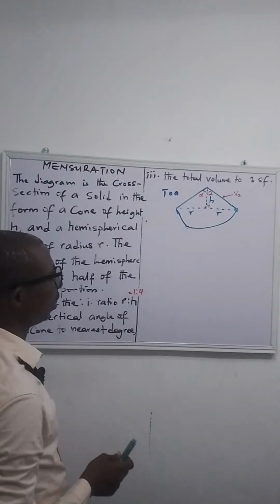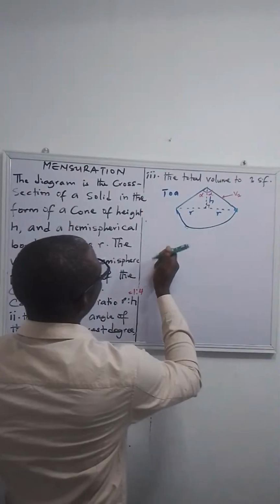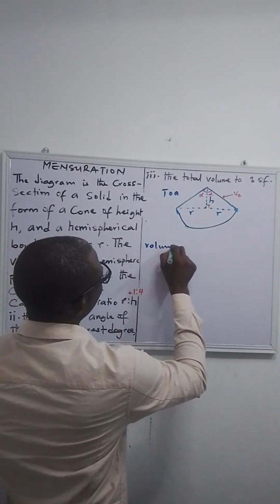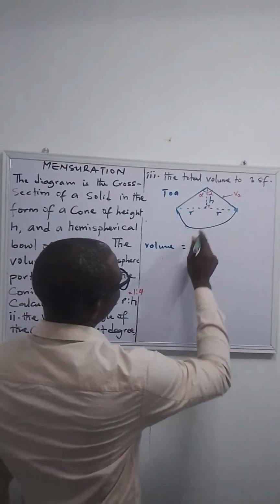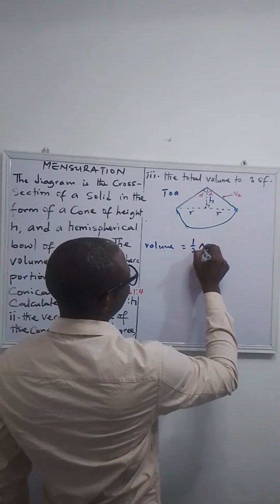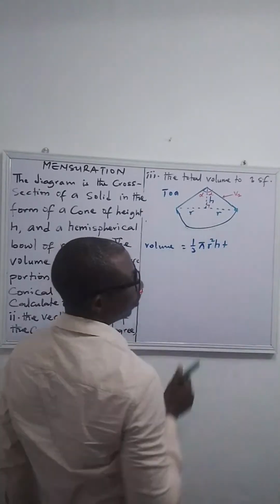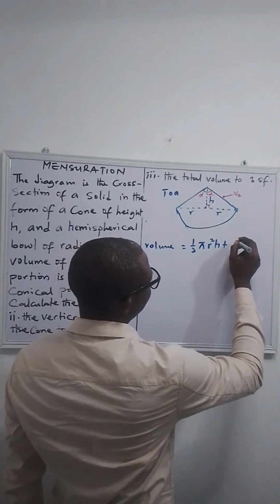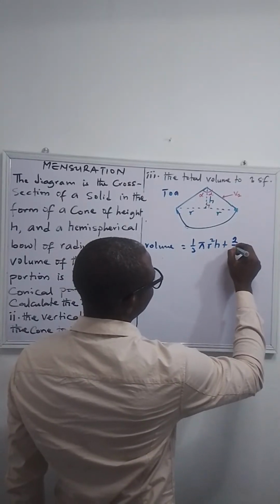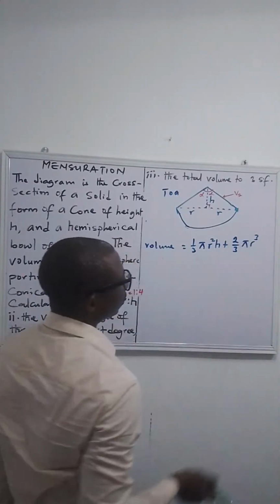So we have the total volume. That is going to give us the volume of this cone, that is 1/3 pi r squared h, plus the volume of the hemisphere, that is 2/3 pi r cubed.